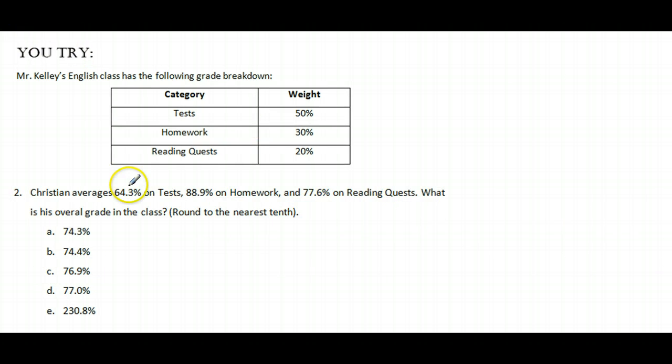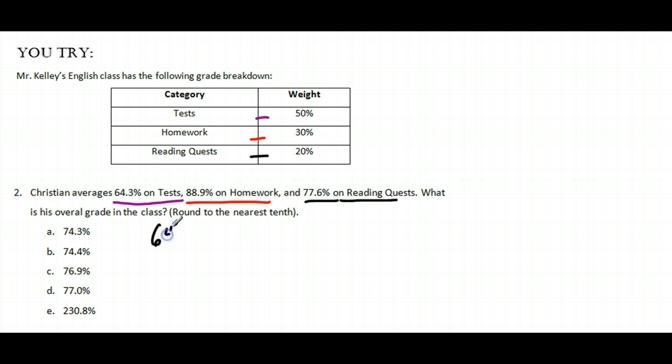Let's try number 2. Christian, on the other hand, averages a 64.3 on tests and an 88.9 on homework, and then finally a 77.6 on reading quests. What's his grade? So we'll do the math real quick here.